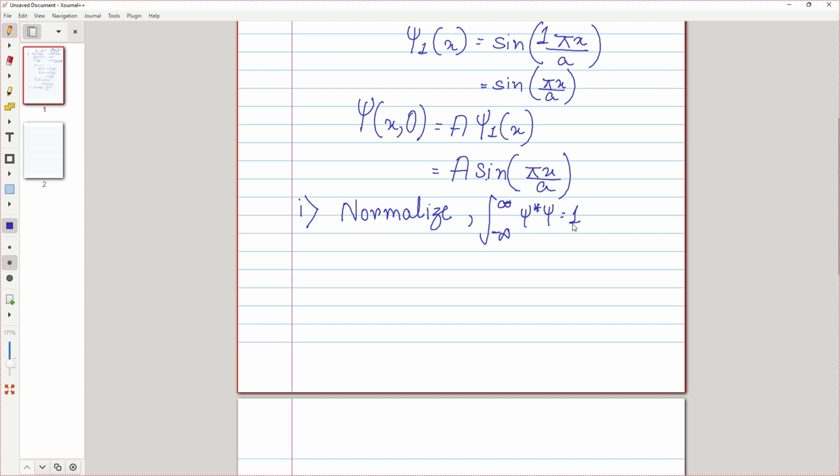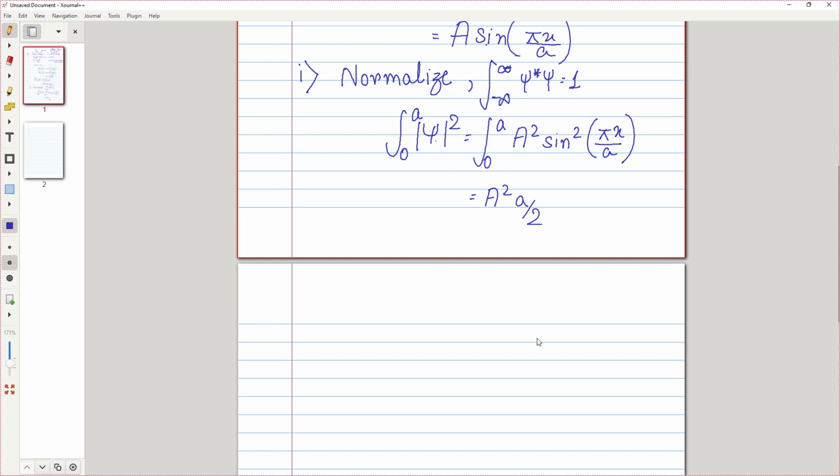So we take this wave function, the whole square, and we do this: A square sine square pi x by a, and it will come out to be a by 2, and the integral is equal to 1.